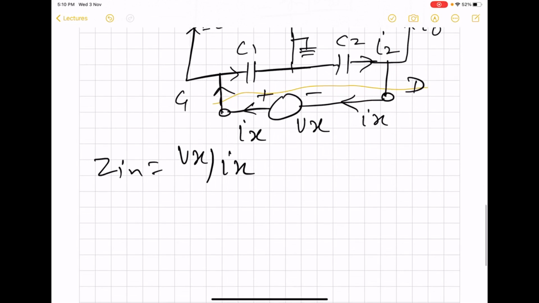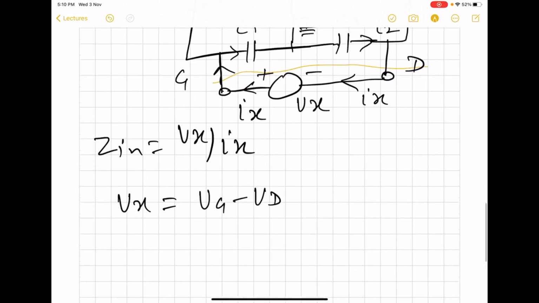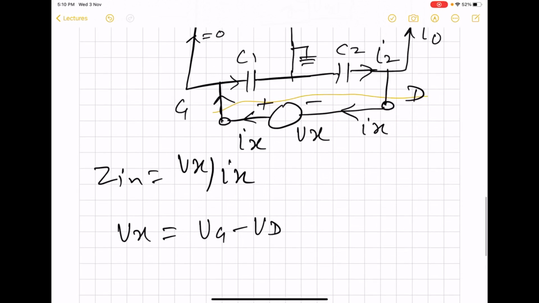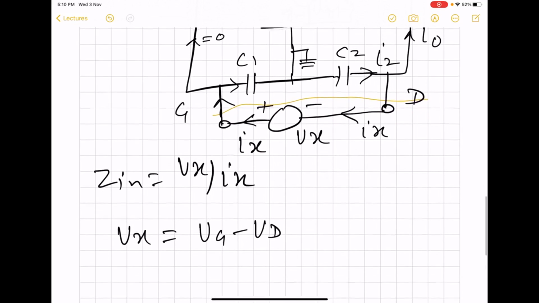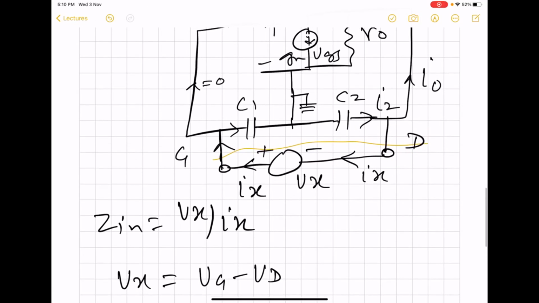So here we find that Vx is basically equal to the voltage of gate minus the voltage of drain. So we have to find out these two voltages, Vg and Vd. Vg is easy to find because we can see that the entire Ix flows through C1, and the other end is grounded.